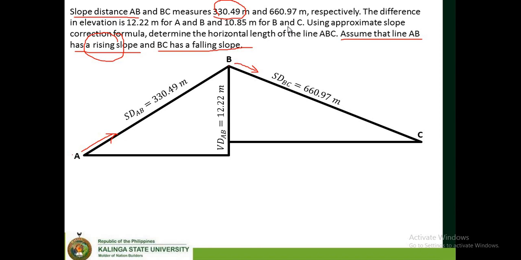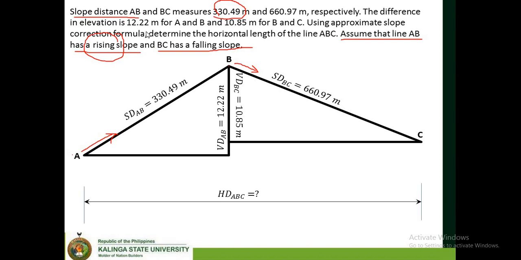Now, the difference in elevation or yung ating vertical distance from A to B is 12.22 and from B to C is 10.85 meters. Ano bang hinahanap natin? What is the horizontal distance from A, B to C? So, horizontal distance ang hinahanap natin.